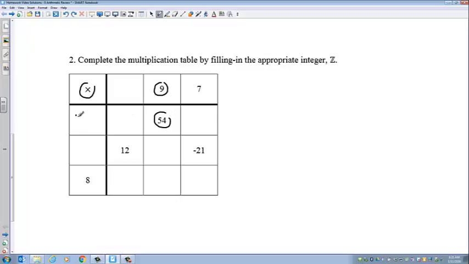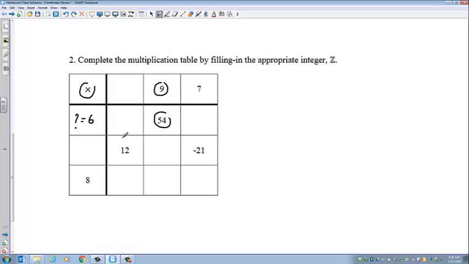So there's some number over here that we're going to multiply 9 by to get 54. So the idea is, can you recall this number? If you can automatically remember that this is equal to 6, because 9 times 6 is 54, then your times tables are good in some sense, at least with 9s and 6s.